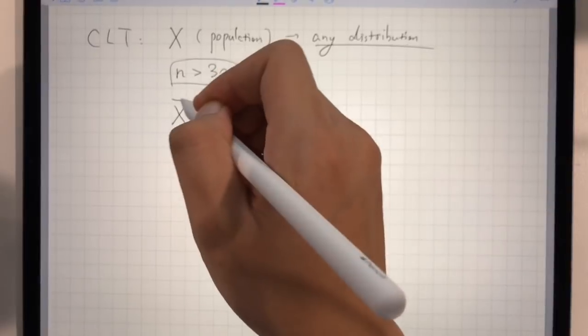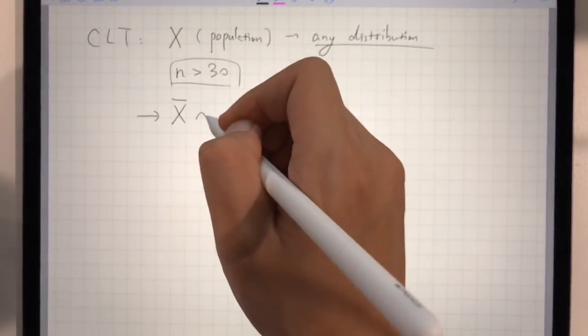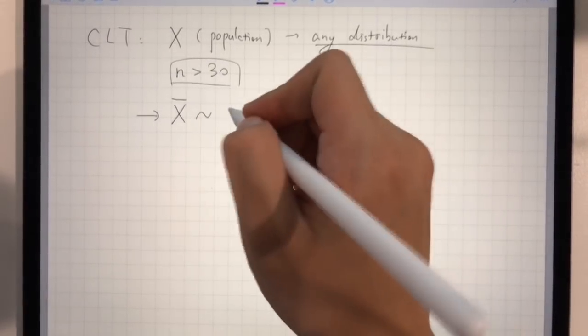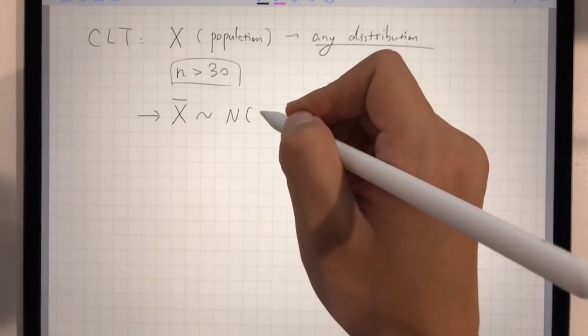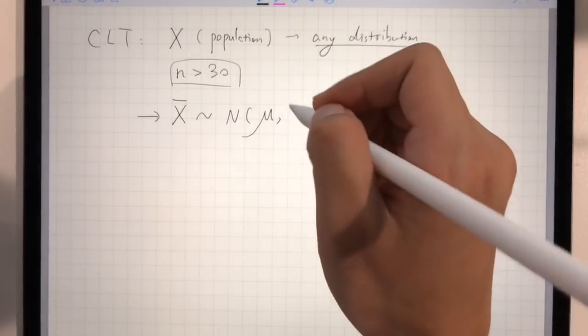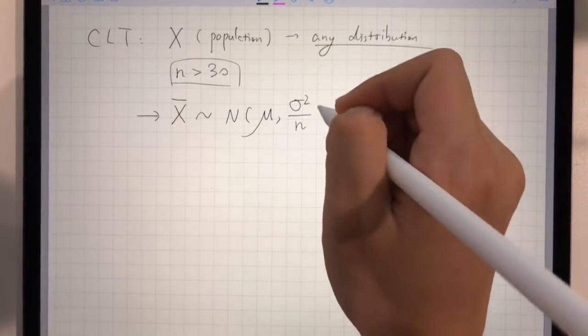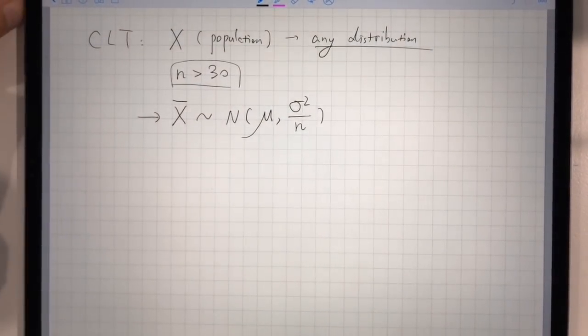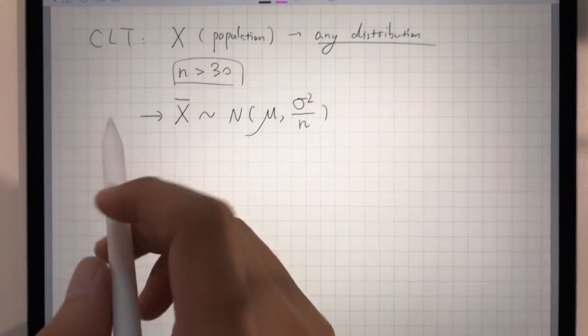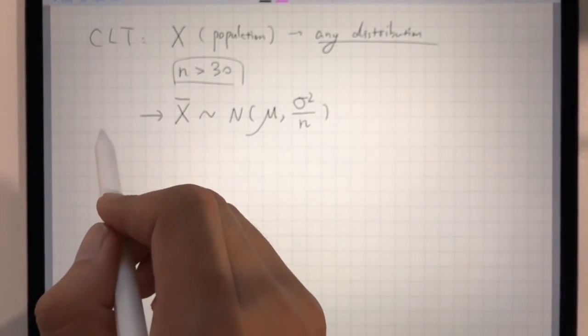So our conclusion is x bar can be approximated by a normal distribution with a mean equal to the population mean and variance equal to sigma squared divided by n, right? This is what the central limit theorem is telling us.